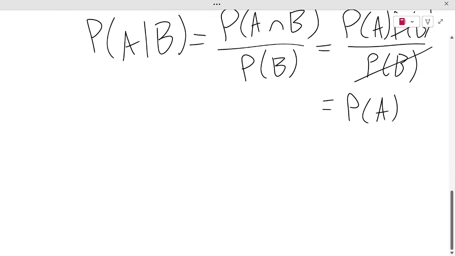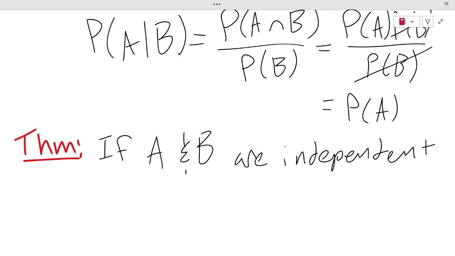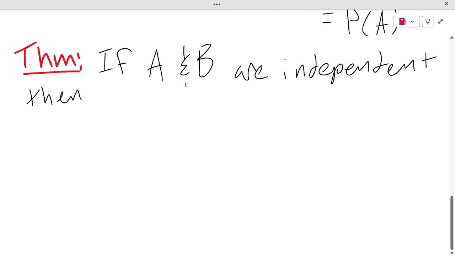Next, we have another theorem to go over. This theorem has 3 results, and since we'll have time, I'll prove the first result of this one. Maybe on your own, try to consider how you would do the proofs of the other two. They're similar. So we have if A and B are independent, then three results.